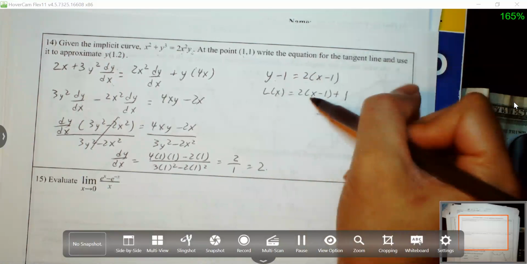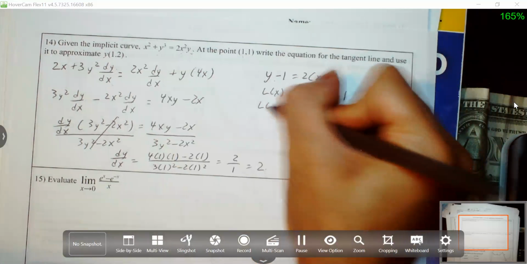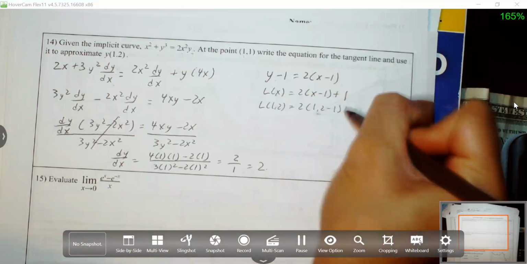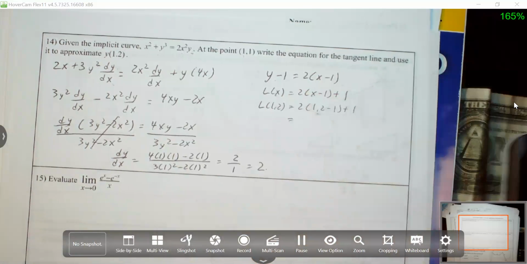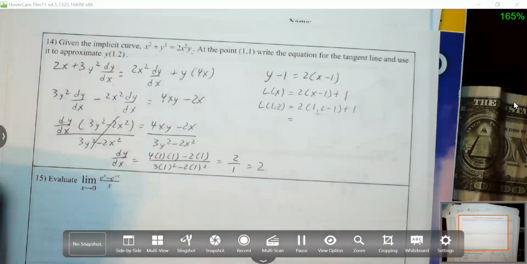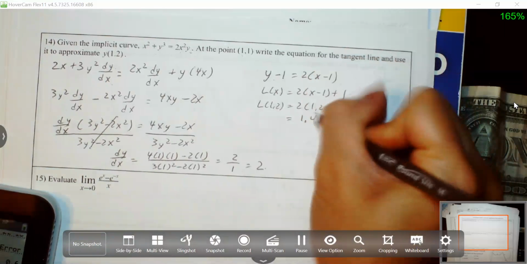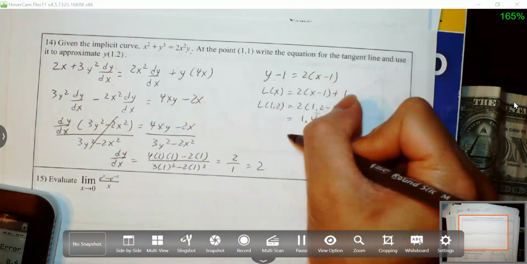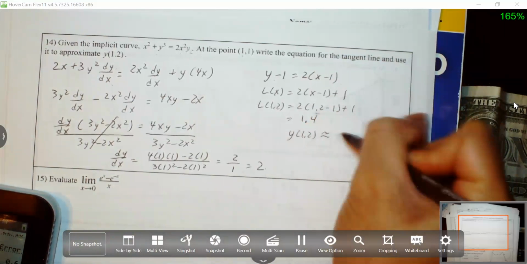And now I'm going to use this to approximate y(1.2). So L(1.2) is equal to 2 times 0.2 plus 1, and if I just put that into my calculator, I get that this is equal to 1.4. So I know that y(1.2) is approximately 1.4.